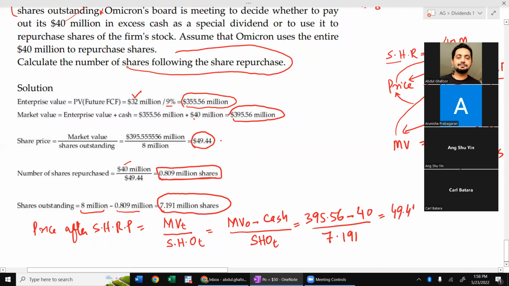Is the answer the same or not? Can you calculate? If the question asks you what is the price after the share repurchase, we know that theoretically, but if the question asks you to calculate it, then you have to do that.